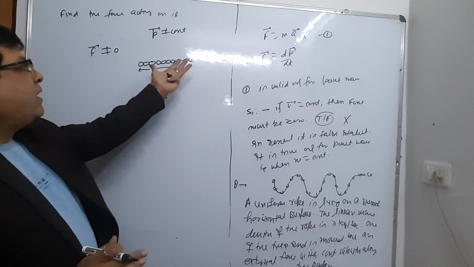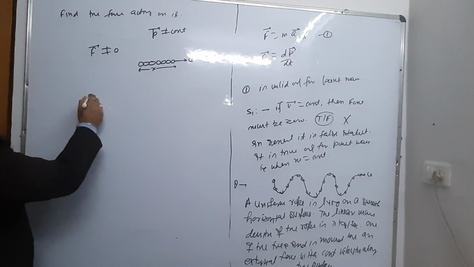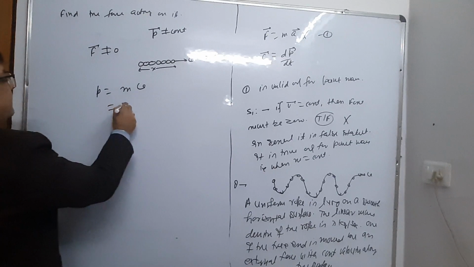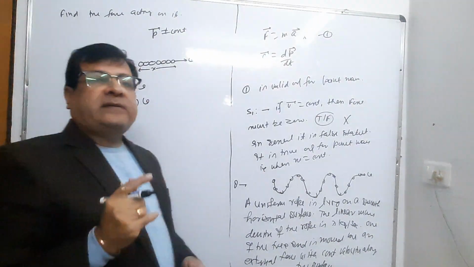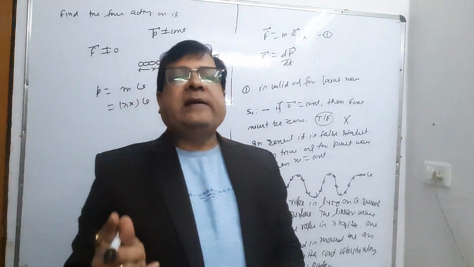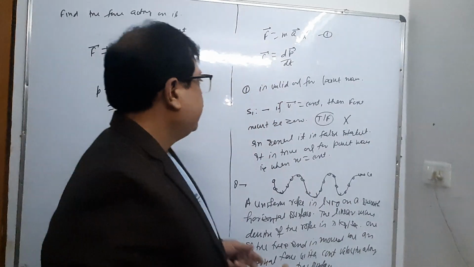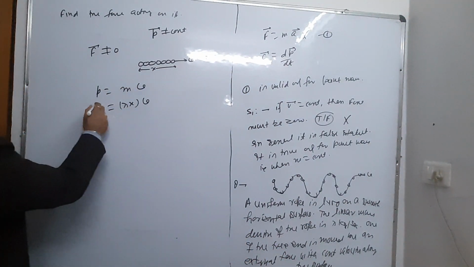All parts are moving with the same speed v, so its momentum will be mass times velocity, lambda x times v, because I have taken the linear mass density of the rope as lambda. For unit length it is lambda, so for x part it will be lambda x v. So this is your p.